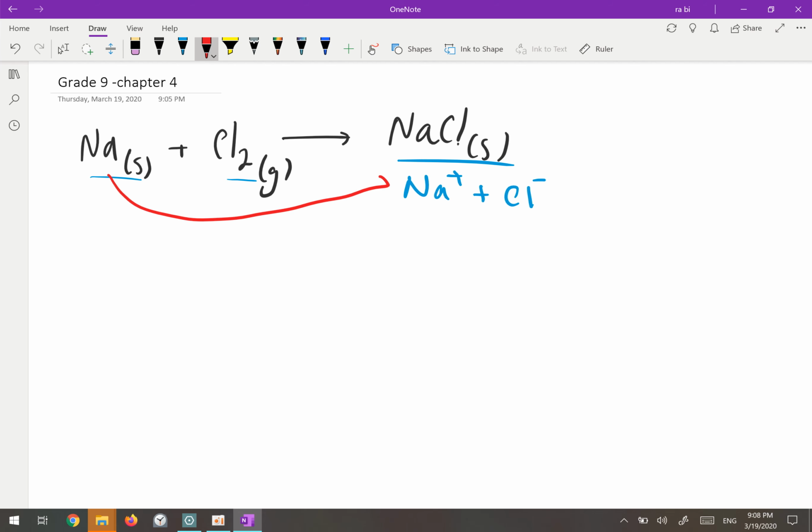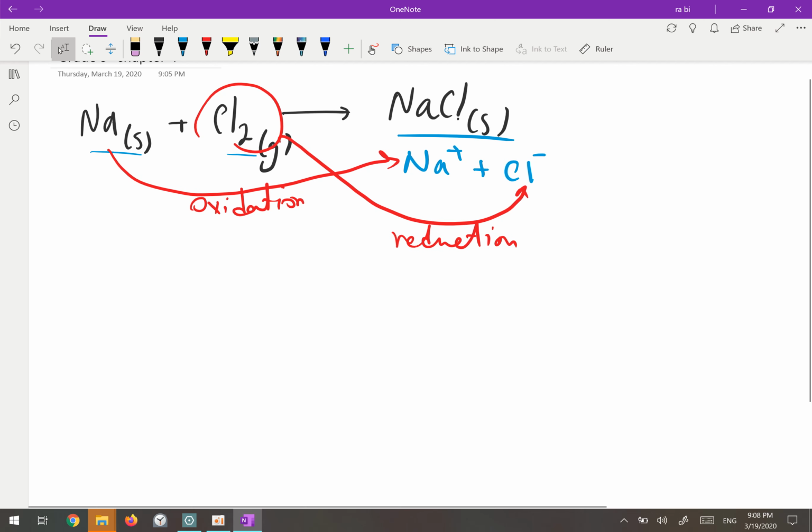Na has lost an electron to become Na+. So this is oxidation. And what happened to the Cl2? Cl2 becomes Cl-. It has gained electrons, so this is reduction. So here I write the oxidation and reduction half equations. First I write the oxidation half equation.